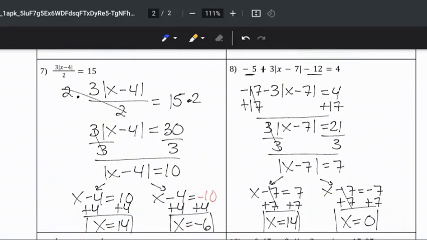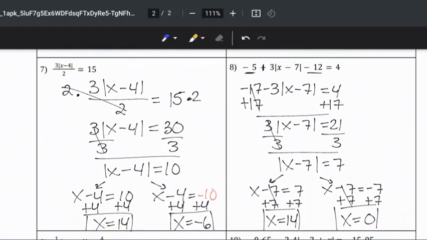Number 8, the answers are x equals 14 and x equals 0. The one thing I want to point out is that we can combine like terms here. Negative 5 and negative 12 makes negative 17, which then we could add. If you added 5 and then added 12 separately, that does work. But combining like terms gives us that negative 17, and then we can add that 17 all at once.